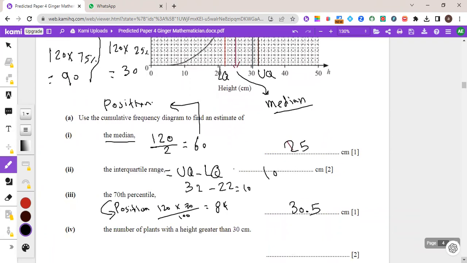The number of plants with height greater than 30.